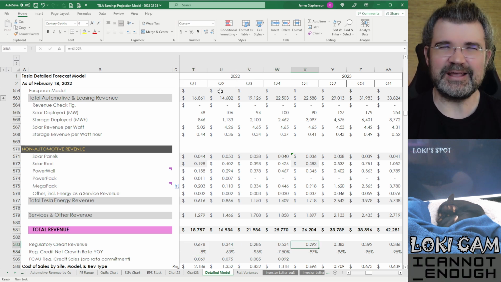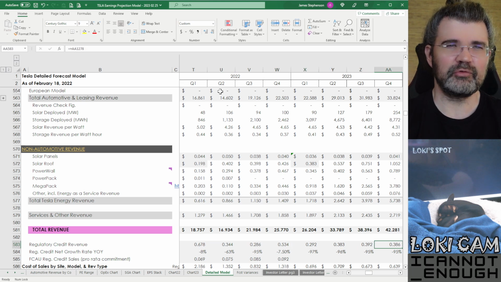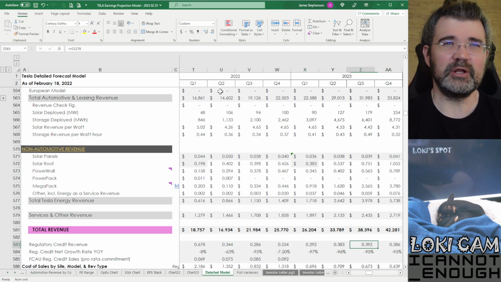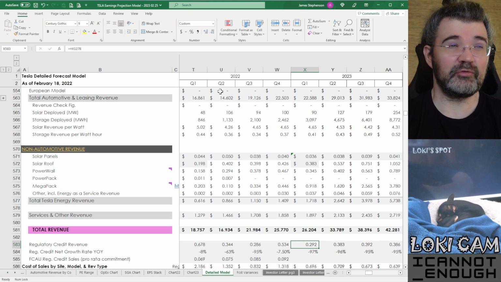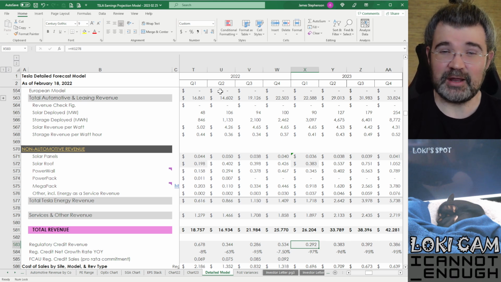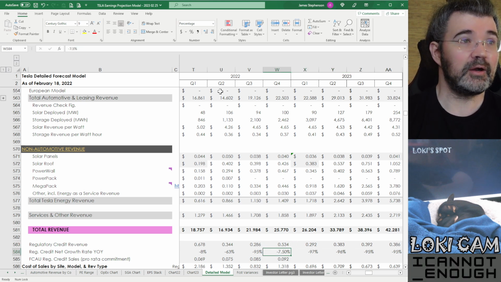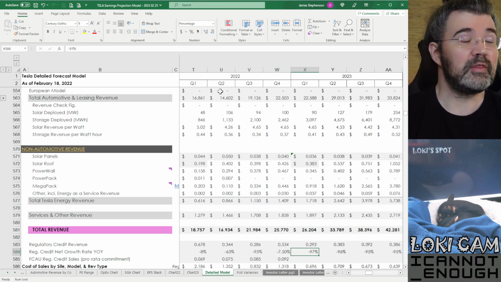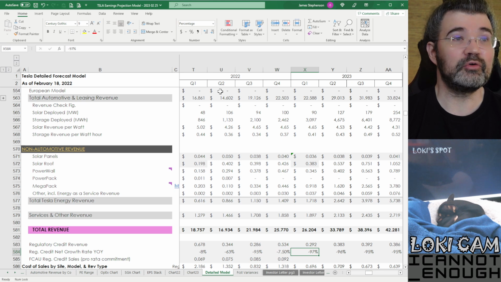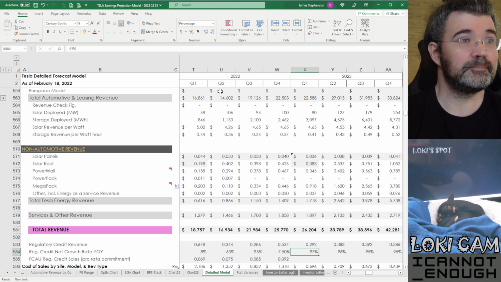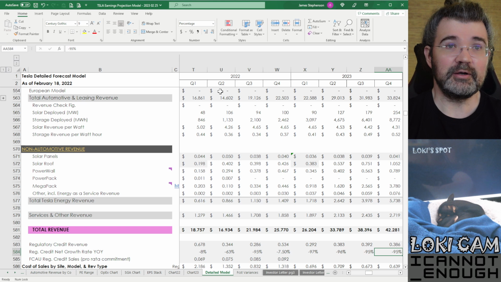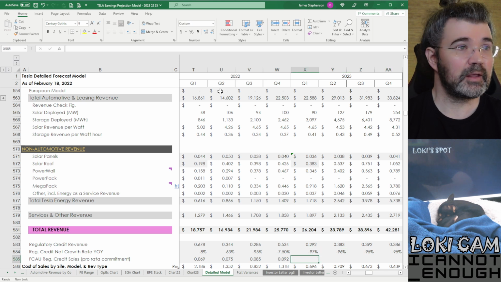That probably won't happen again, so I have lower amounts forecast in 2023 on a per vehicle basis, but because Tesla is selling more vehicles, the total dollar amount is about the same here. So you can see those net growth rates here, year over year net growth rate per vehicle.